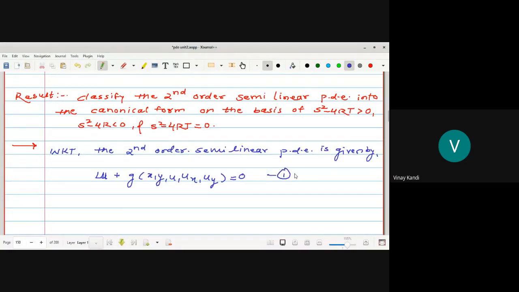Give it as equation number 1, where L is the differential operator, which is equal to R into del 2 by del x square plus S into del 2 by del x del y plus T into del 2 by del y square.